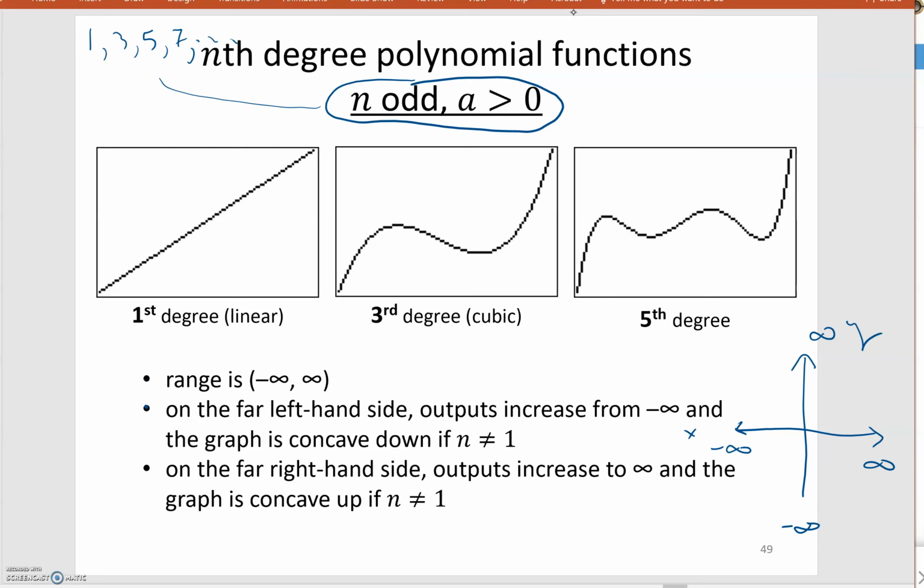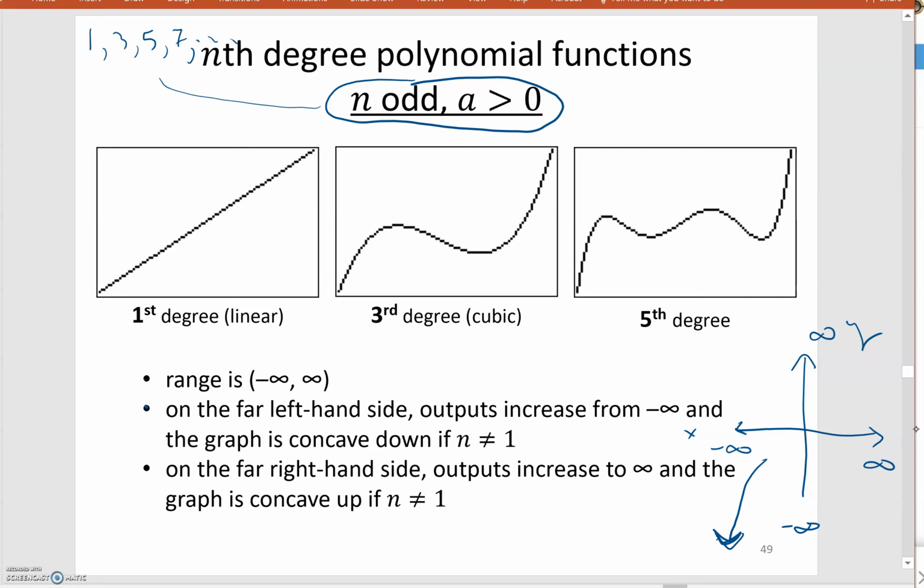So on the far left-hand side, outputs increase from negative infinity. We're moving from left to right, so you're basically coming up from negative infinity and concave down, as long as it's not linear.